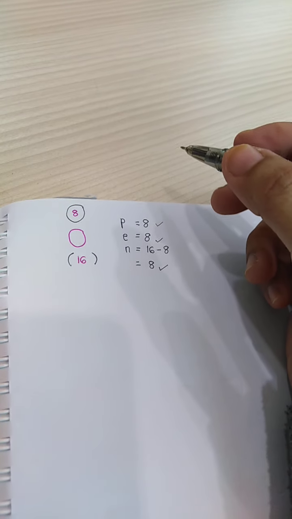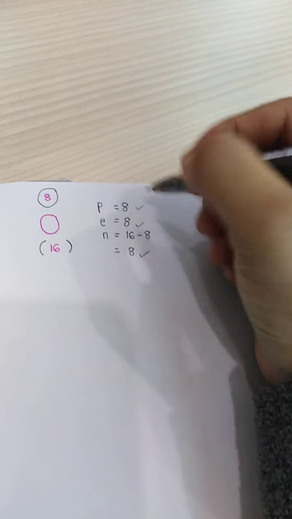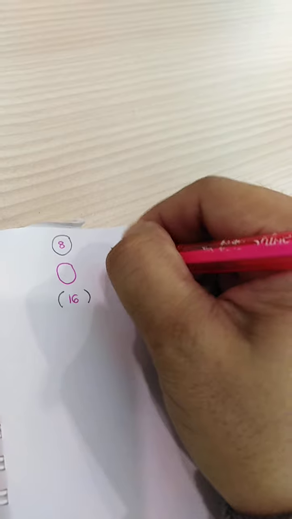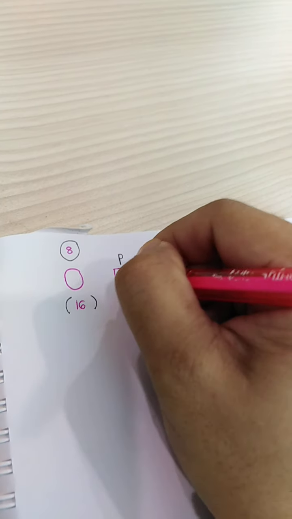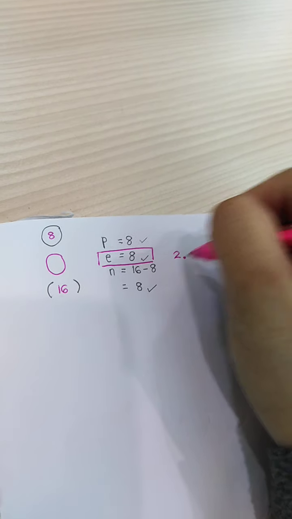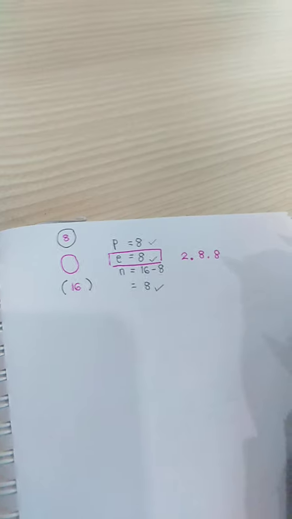To draw the electron number in the diagram, you must follow this rule. Just for electron, this special case only for electron, we use this formula: 2.8.8.